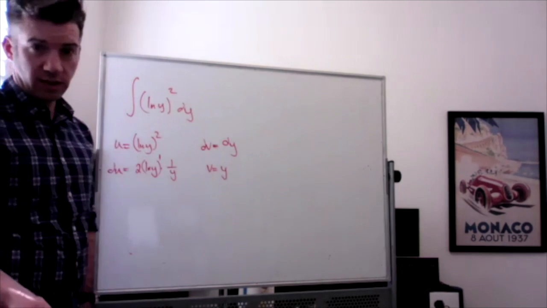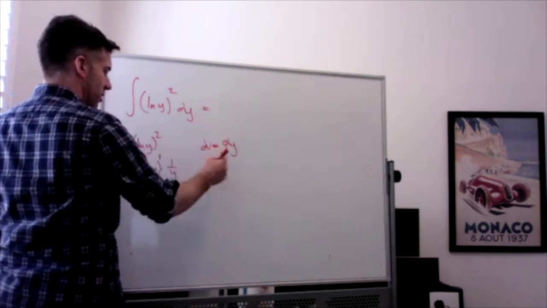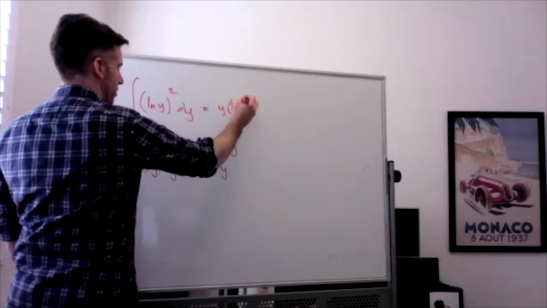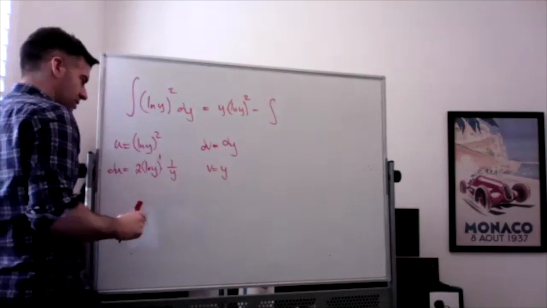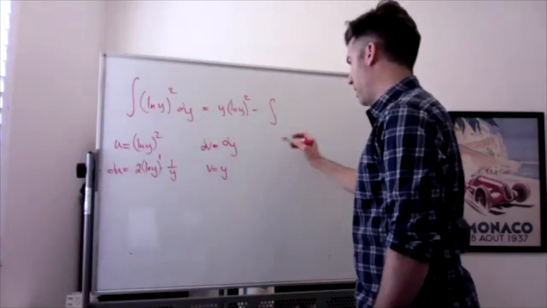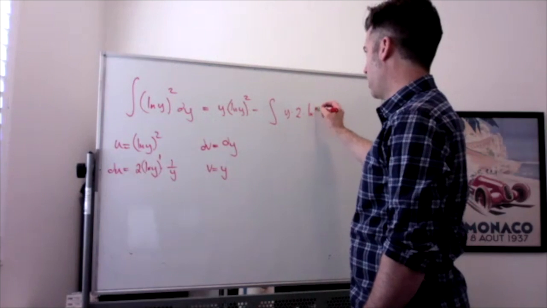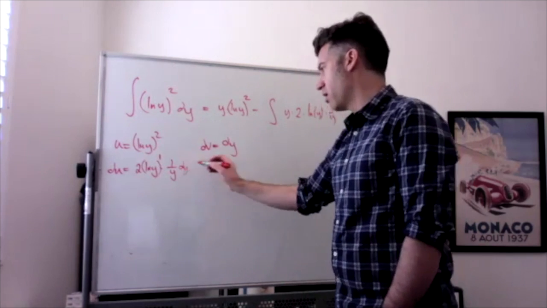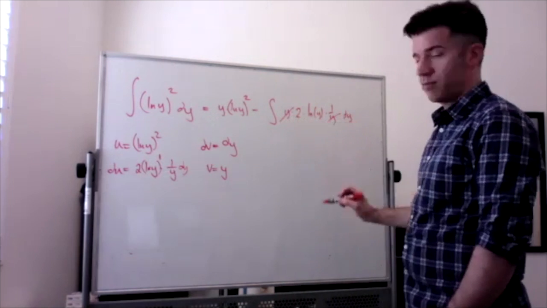So using the integration by parts formula, that's uv, so y times natural log of y squared minus the integral of this times this. So it's going to be y times 2 times natural log of y times 1 over y. Oh, don't forget the dy. I can cancel a y here and a y here.